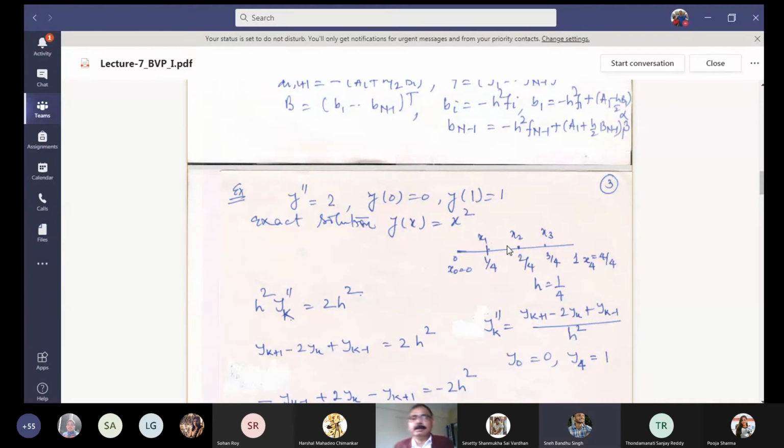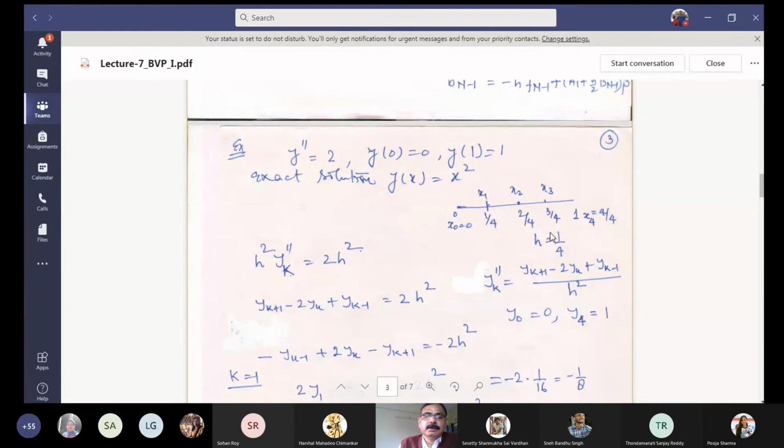The way we have done the initial value problem, yk double prime equal to 2. Let us multiply by h square on both sides. So this will be h square yk double prime equal to 2h square. I'm not writing the error term, only the approximation.